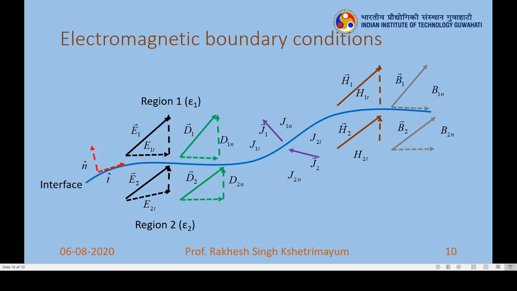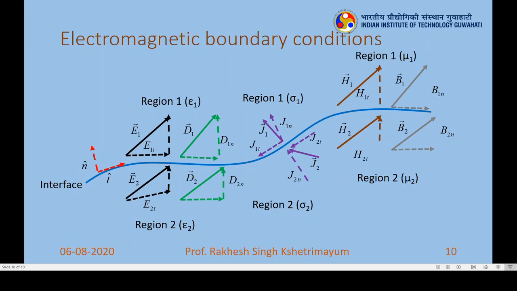And for the electric current boundary conditions, we know that J1n is equal to J2n, and the ratio of J1t with respect to J2t is equal to sigma 1 by sigma 2. Sigma 1 and sigma 2 are the conductivities of region 1 and region 2. And for the magnetic boundary conditions, we consider two regions, region 1 and region 2, with mu1 and mu2.